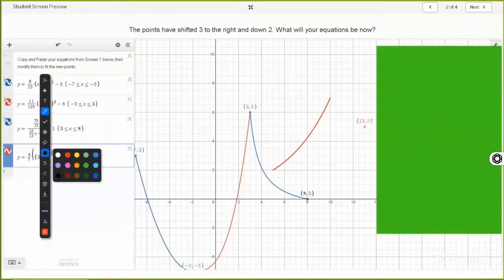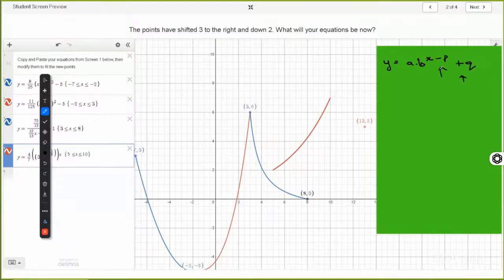Now, if you look at the original exponential function, we had a times b to the power of x minus p plus q, and those 2 points represented the vertical. This was horizontal in the opposite sign, remember that? So negative goes right, positive goes left, and this one here was my vertical translation, where positive goes up and negative goes down.